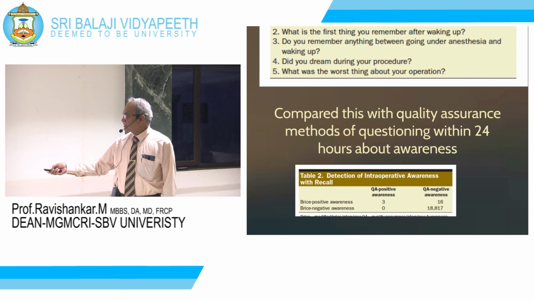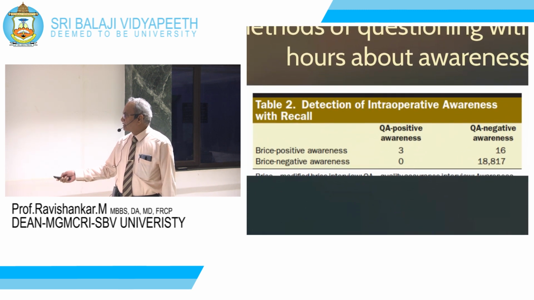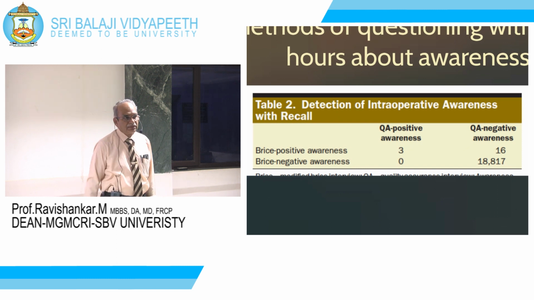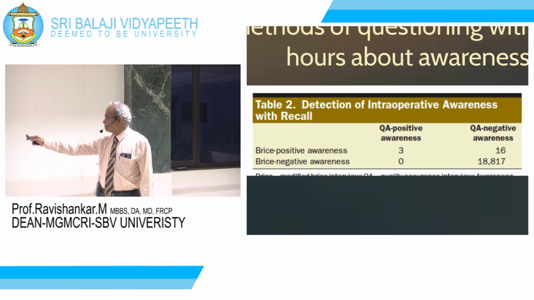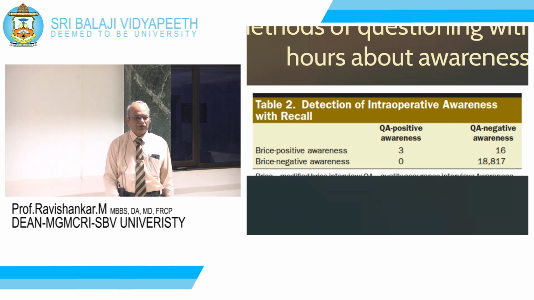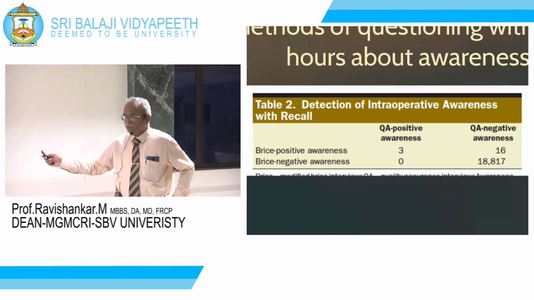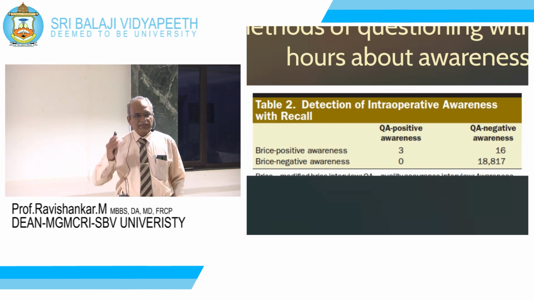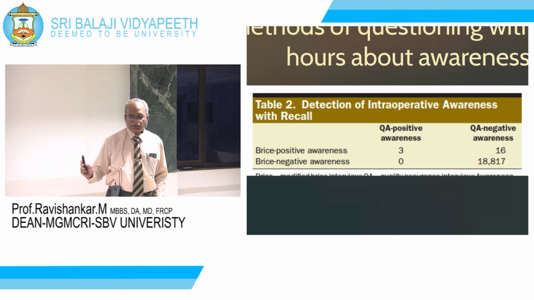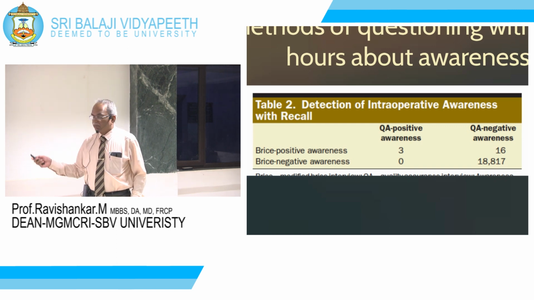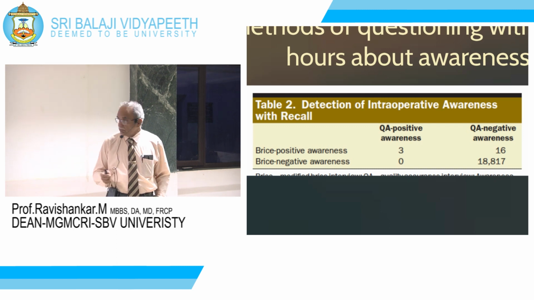They found that Brice's questionnaire could identify 19 people, whereas this particular questionnaire could identify only 3 people. And the incidence of awareness, the percentage you calculate, will be 0.18%. So the Brice questionnaire postoperatively is able to identify a larger number of patients who had awareness during anesthesia, but maybe without any consequences.